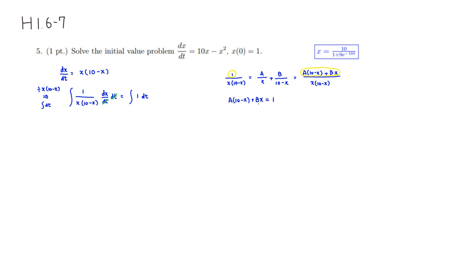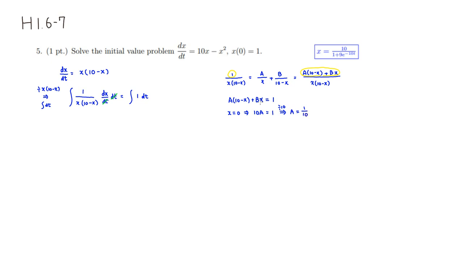To find a, an easy way would be to plug in x equals 0. If you plug in x equals 0, you're going to get 10a and 0b is equal to 1. So we can simply divide through by 10 to get a equals 1 over 10.